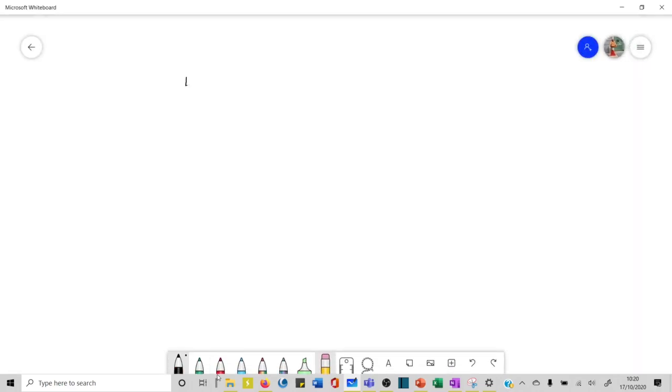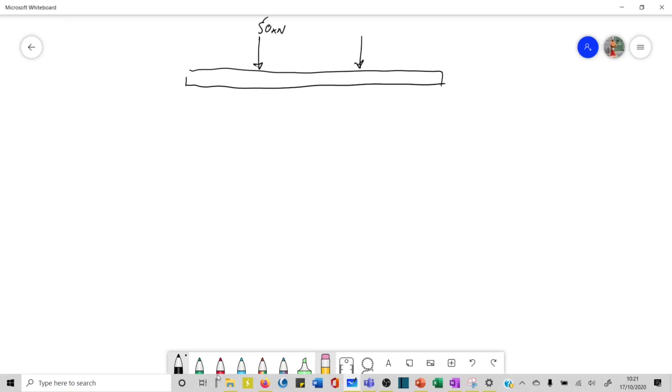So it shows us a simply supported beam, like so, and then we've got 50 kilonewtons, we've got 100 kilonewtons, and let's put the distances in.